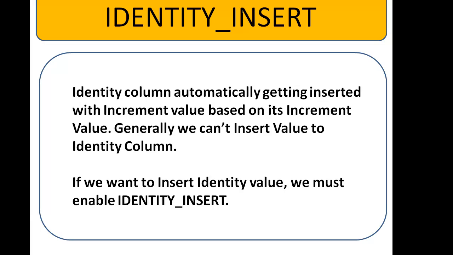So if we want to insert an identity value, we must enable the identity insert statement as a property. In the general case, we cannot insert an identity value into the table. It will automatically increment from the previous value based on its increment syntax.